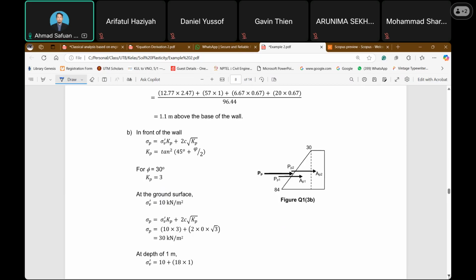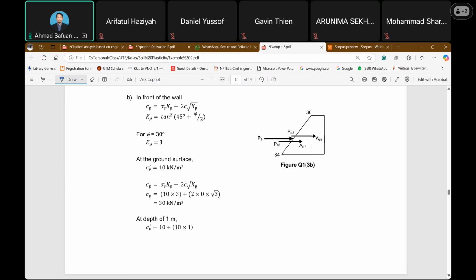So get the passive lateral stress, which is equal to 30 at the depth of 1 meter. Effective 28. Then determine the passive lateral stress, and we obtain 84.